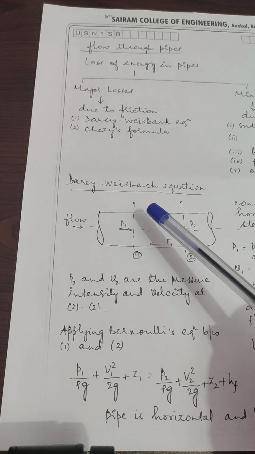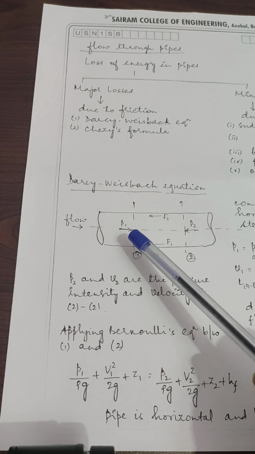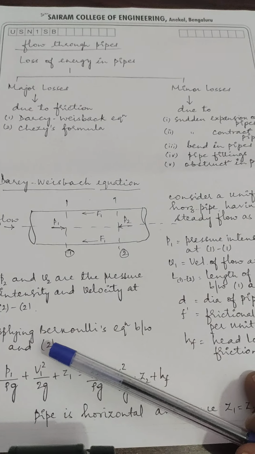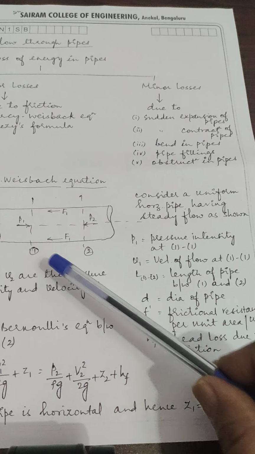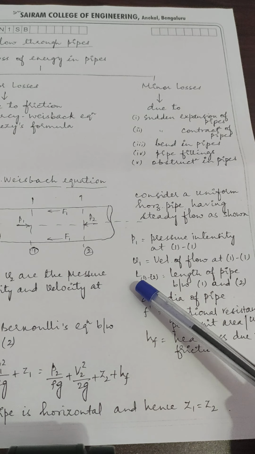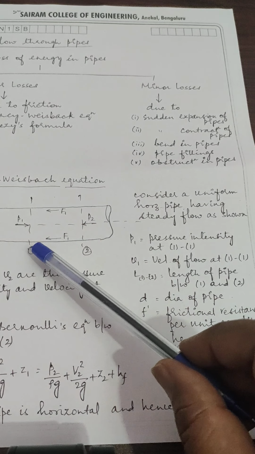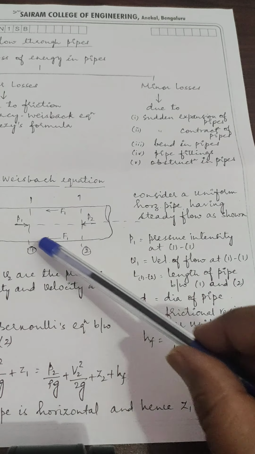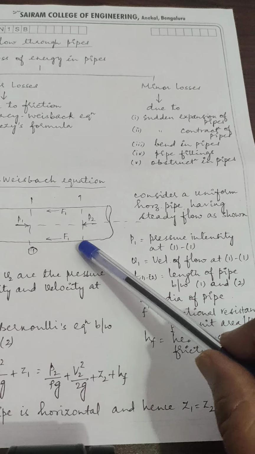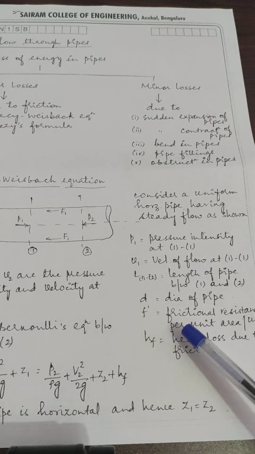P1 is the intensity of pressure at section 1-1 and V1 is the velocity of flow at section 1-1. Then L is the distance between the two sections 1 and 2, that means the length of the pipe considered between sections 1 and 2.